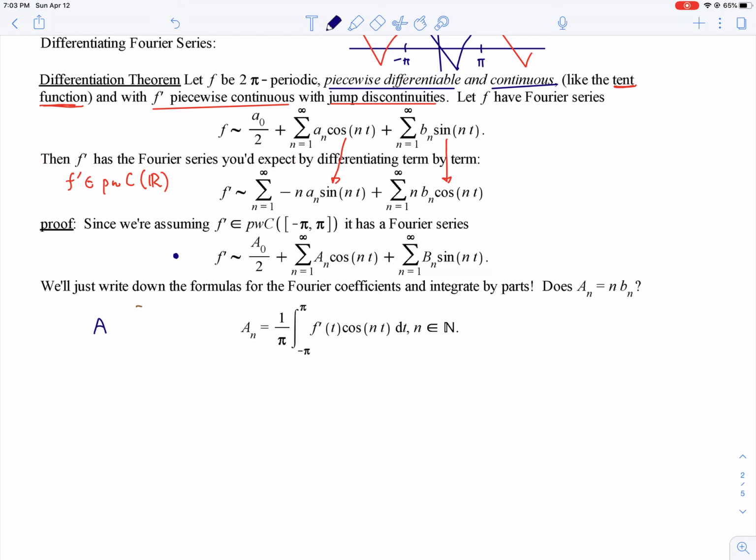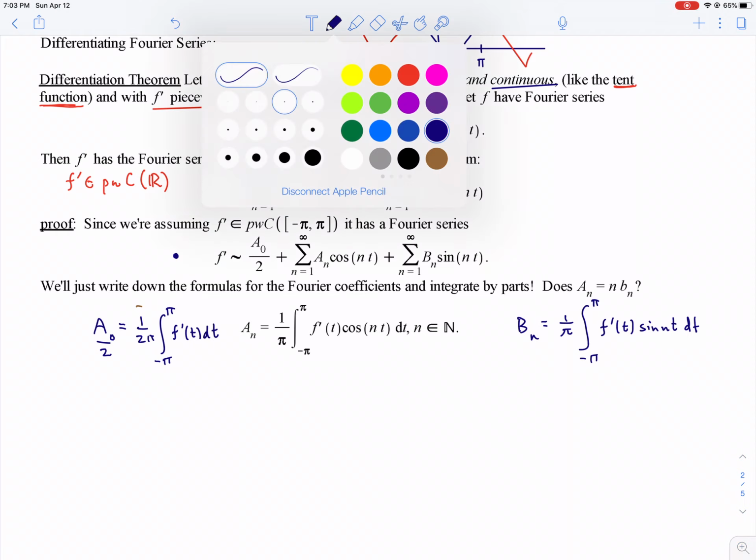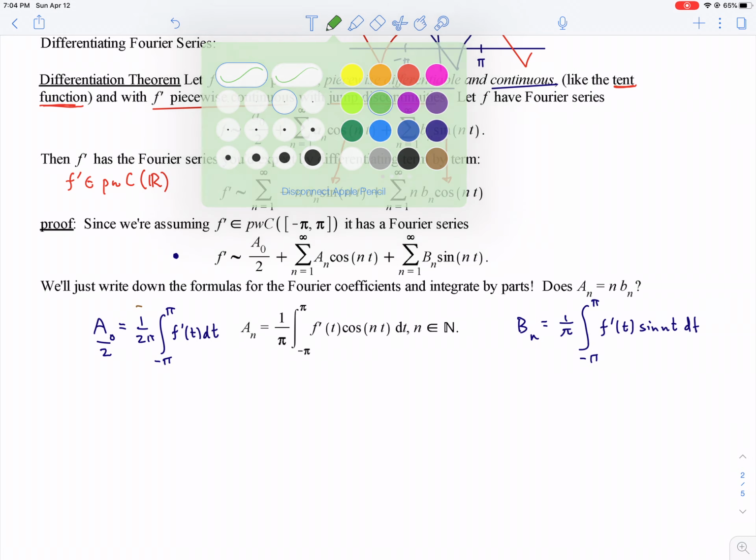So just to remember, A naught over 2 would be 1 over 2 pi, integral from minus pi to pi of f prime of t, because it's f prime whose Fourier series we're converging, and bn would be 1 over pi, integral from minus pi to pi of f prime of t sine nt dt. And let's just focus on the capital A n's.